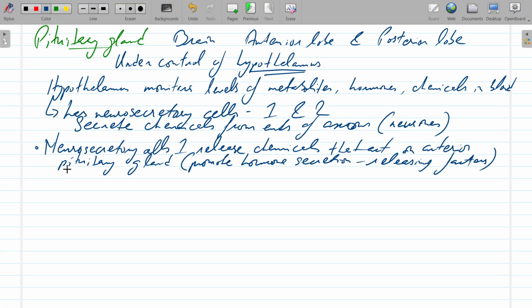Or they inhibit hormone secretion depending on what needs to be done, and those are called release inhibiting factors.